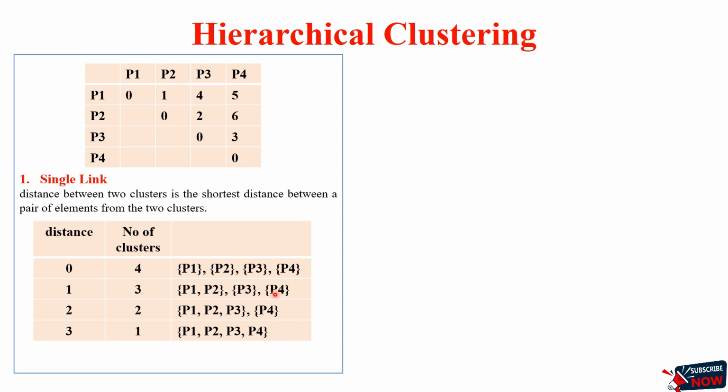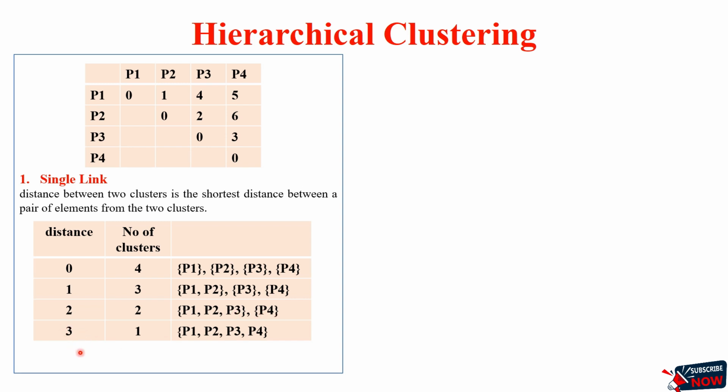P3 and P4 will be separate clusters. When the distance is 2, from the distance matrix we can see that P2 and P3 are at a distance 2. So P3 can also be merged with this cluster as P2 is here. So P1, P2, P3 will be a single cluster and P4 will be separate now.